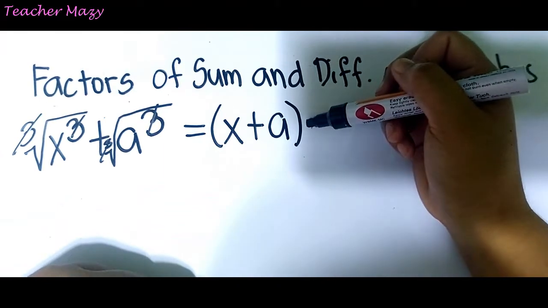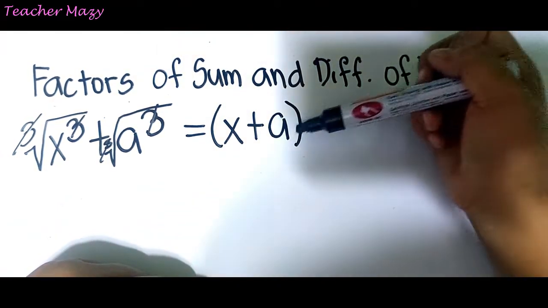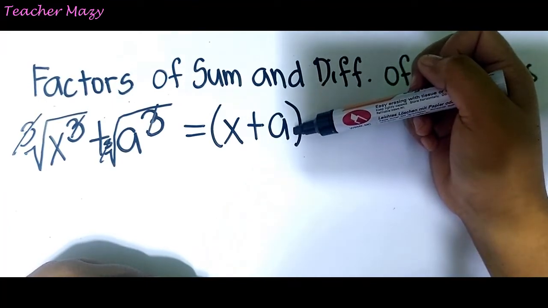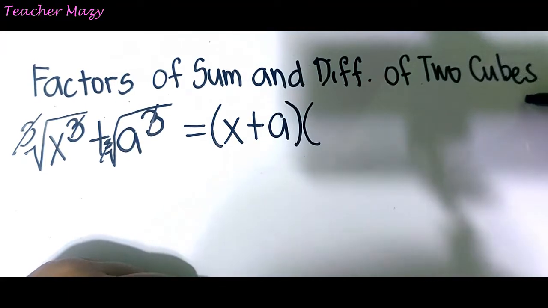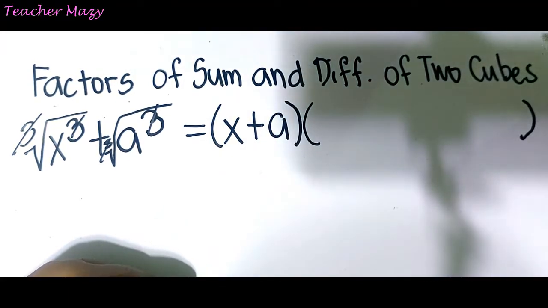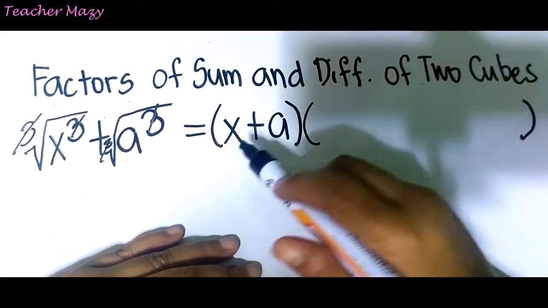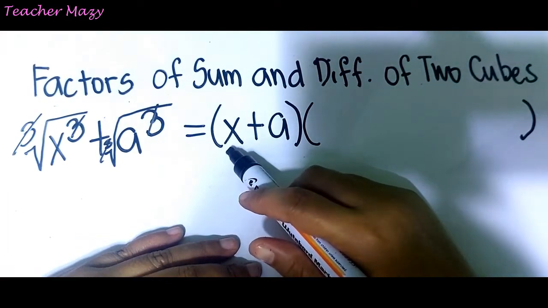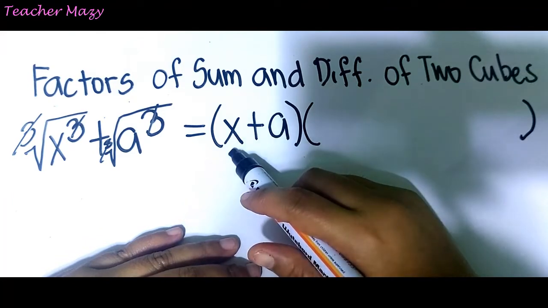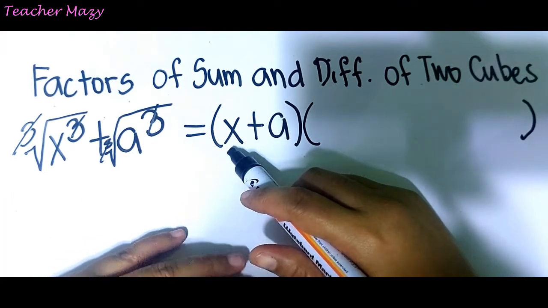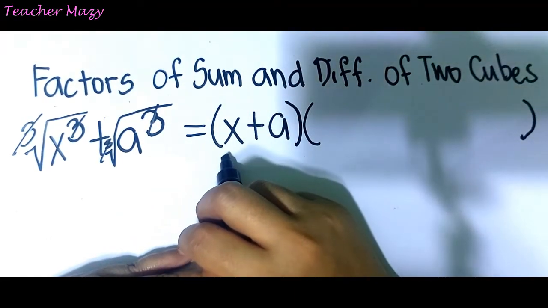Again, the factors of sum and difference of two cubes is composed of a binomial and a trinomial. So now, let's get the trinomial factor for this one. How do we get that? First, we multiply the first term by itself, or we need to square the first term here.